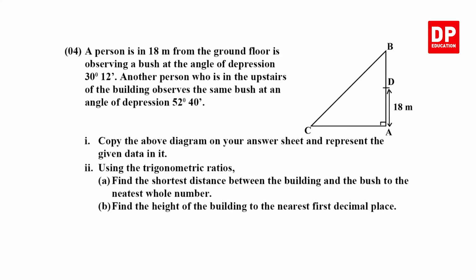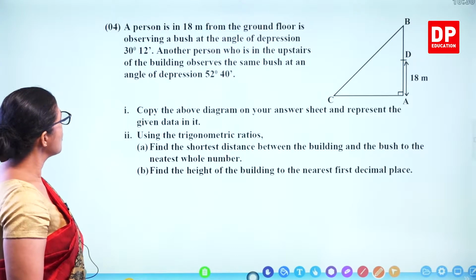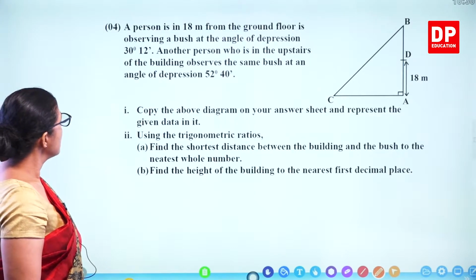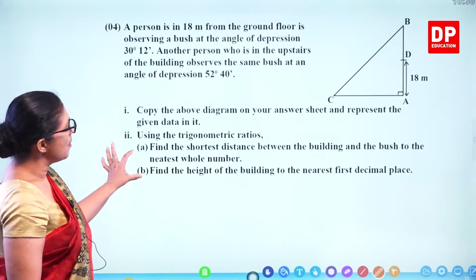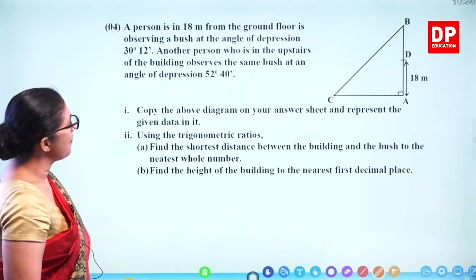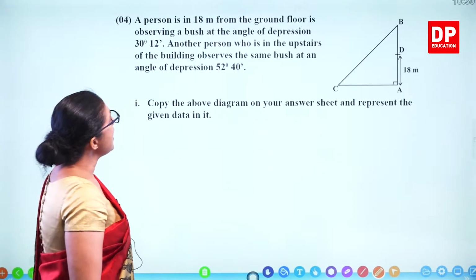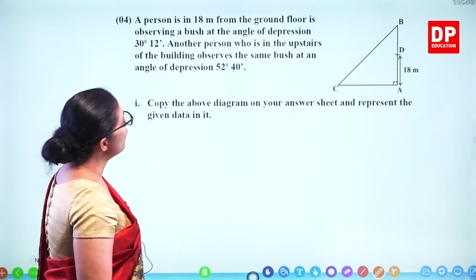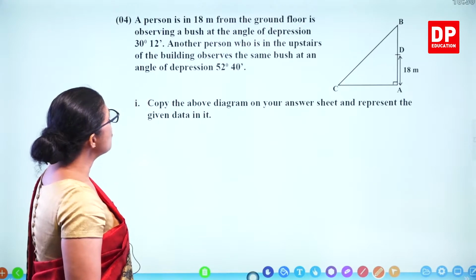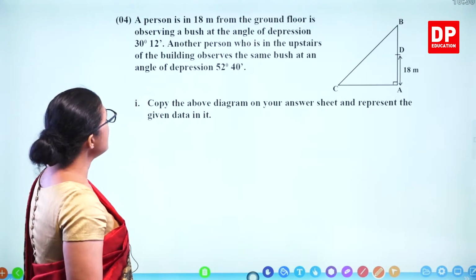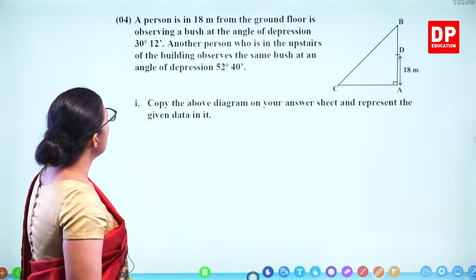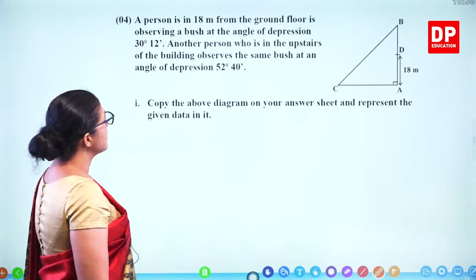Now you can try question number 4. So question number 4, you get 2 parts and this part you get 2 again. A person is in 18 meters from the ground floor, is observing a bush at the angle of depression 30 degrees and 12 minutes.